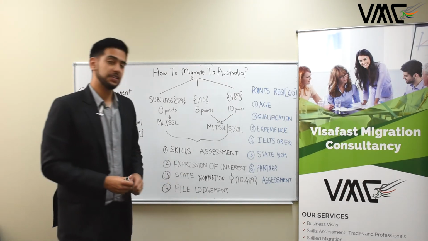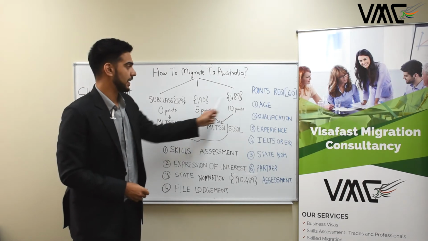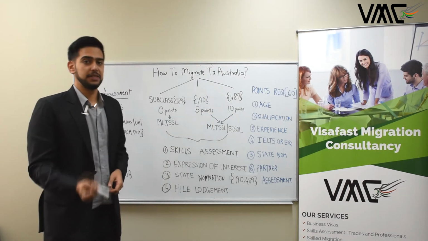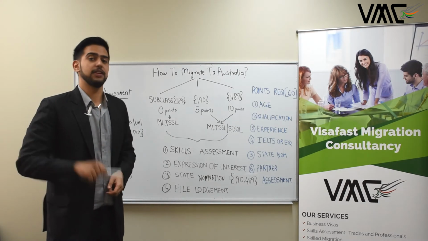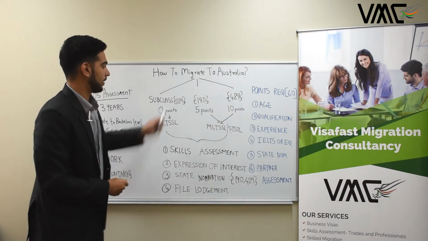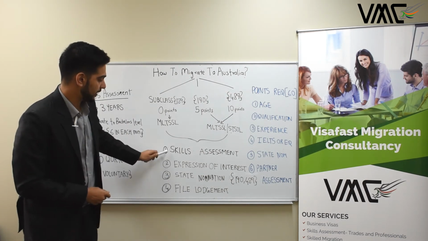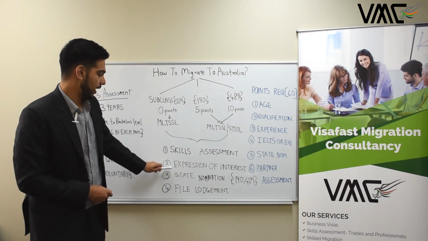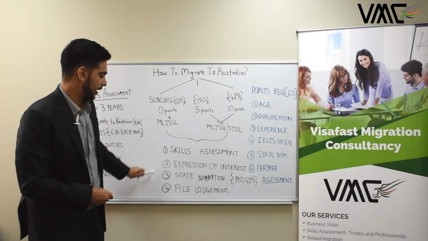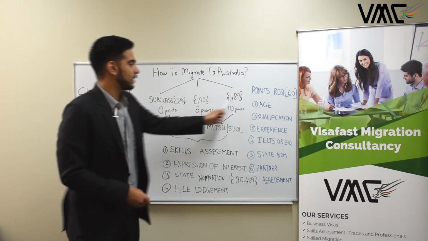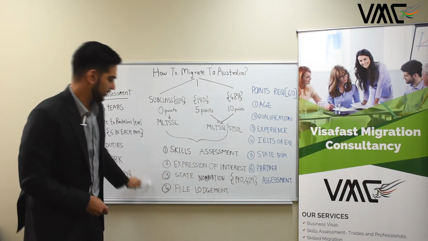State nomination can only be done for subclass 190 and 489, because the state sponsors and nominates you for a PR or pathway to PR option, whereas subclass 189 is skilled independent. So after skill assessment and EOI, you directly apply for file lodgement in the case of 189. But for 190 and 489, you'll have to go through all these steps.